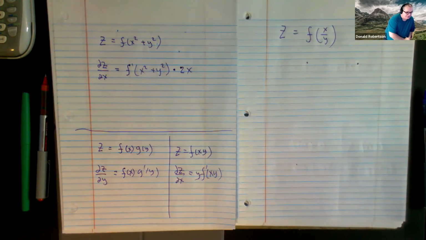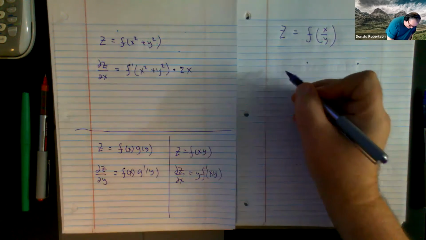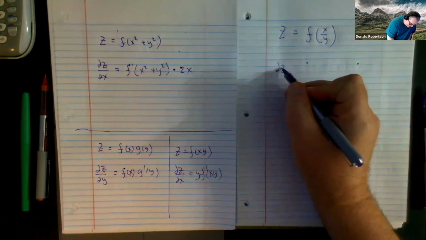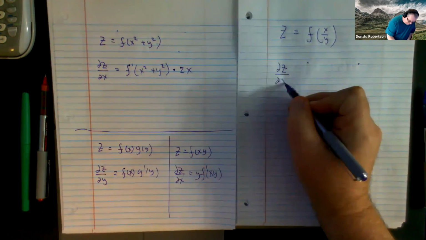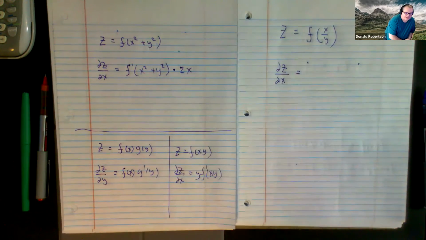Sometimes the simplest are the worst. We're going to do both versions, but let's do this one first. f is a function of x over y. So it could be e to the power of x over y, or x over y cubed or something, right?